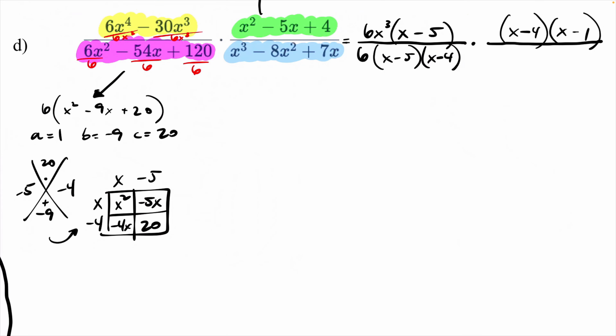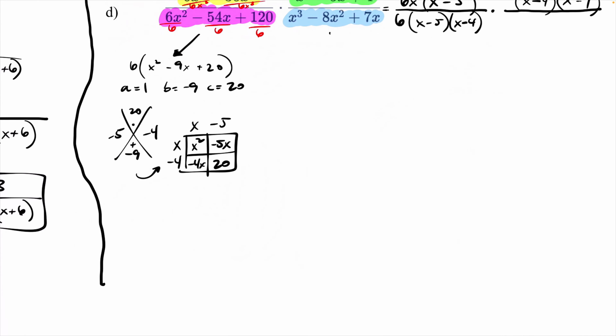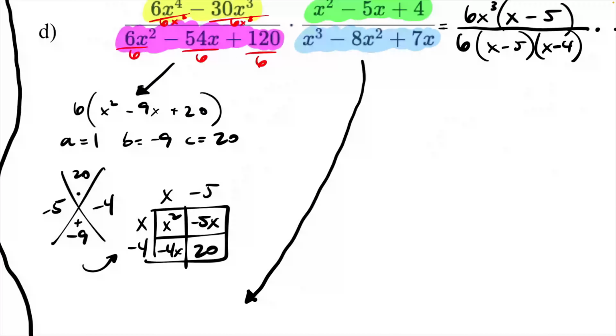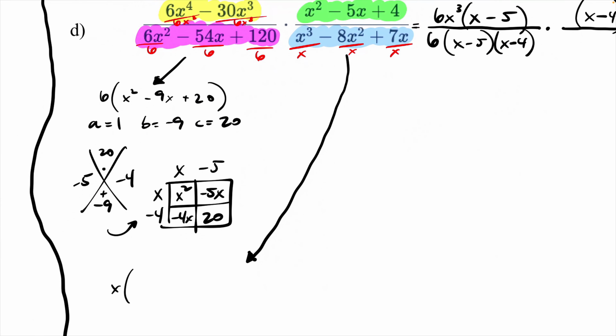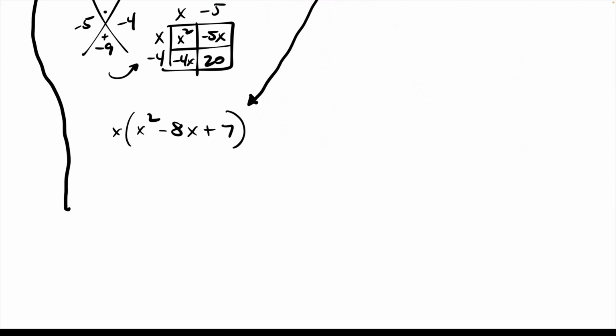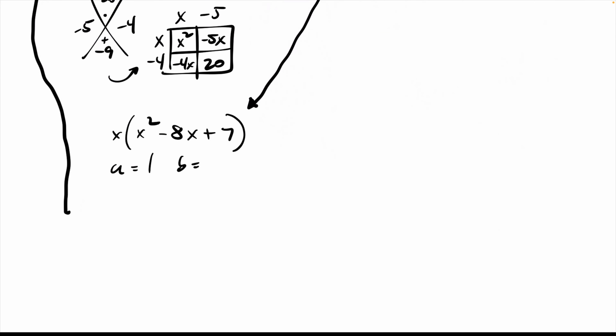Last one, blue. Blue also has a GCF. X. Okay. A, B, C. Seven, -8.